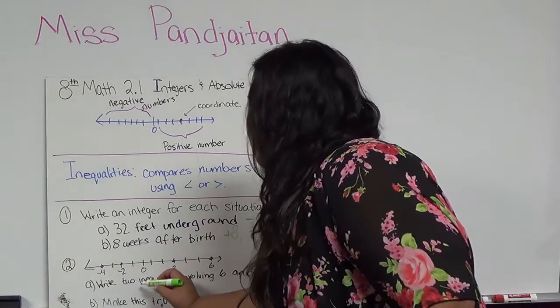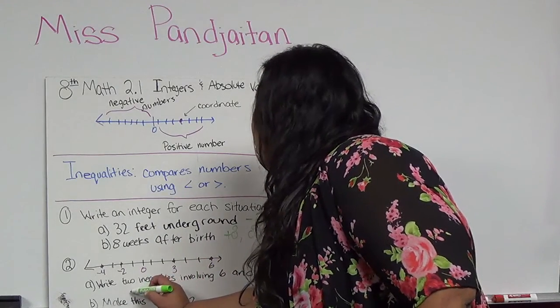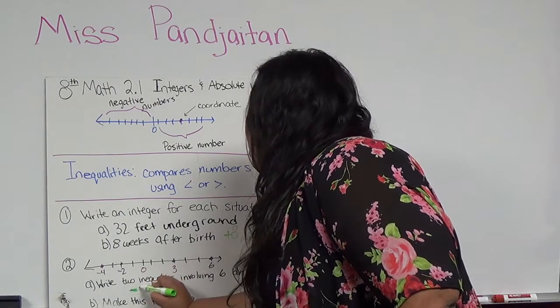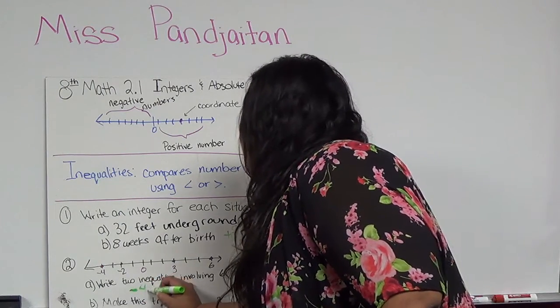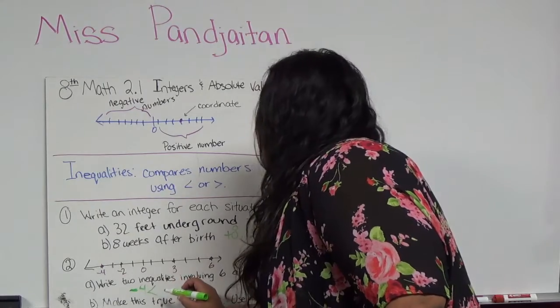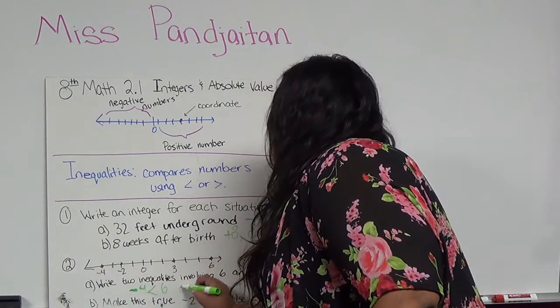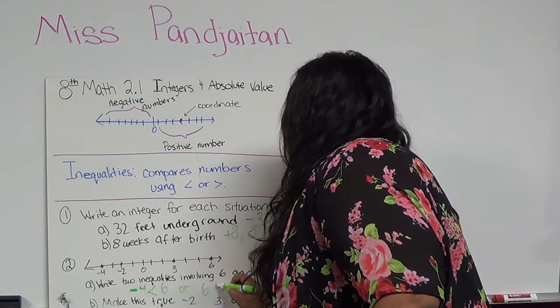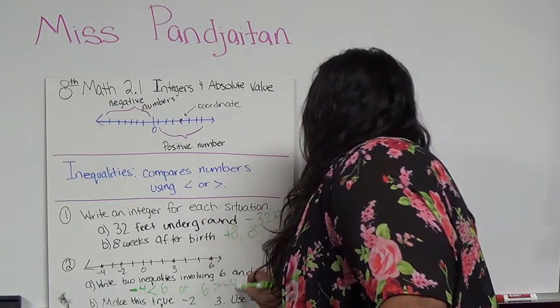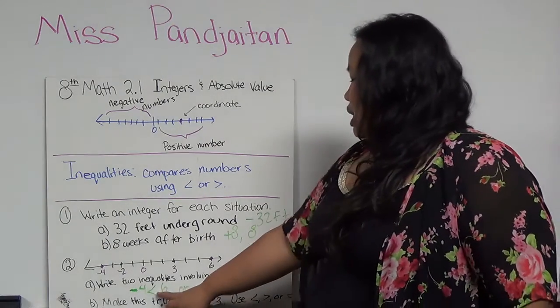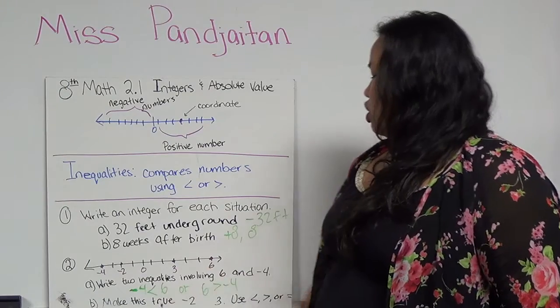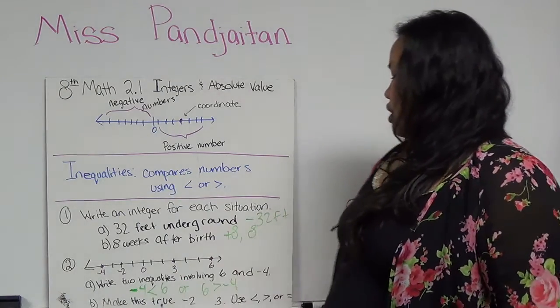So there's two ways to write these inequalities. I can say negative 4 is less than 6, or I can say 6 is greater than negative 4. Either way I write it, the opening always goes to the bigger number, which in this case is 6.